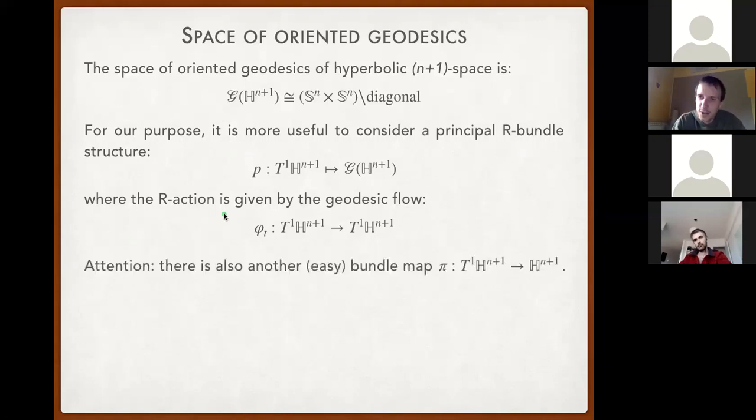And let me just stress one point which is very important. The total space of the unit tangent bundle of hyperbolic space in this talk will have two bundle structures. One is P, the principal R-bundle map with base the space of oriented geodesics. And the other one is the obvious one, the usual projection, which will be pi for me, over hyperbolic space itself.